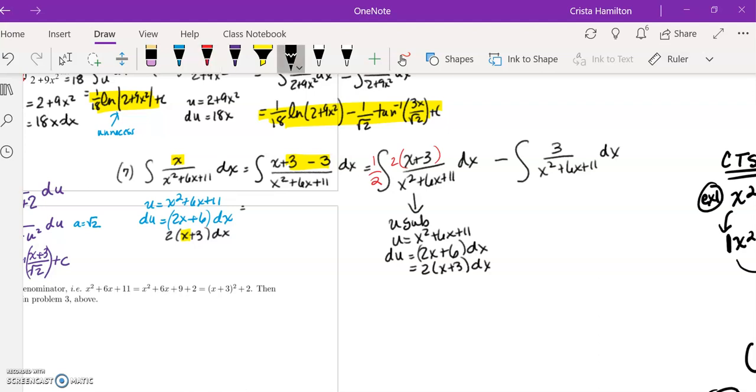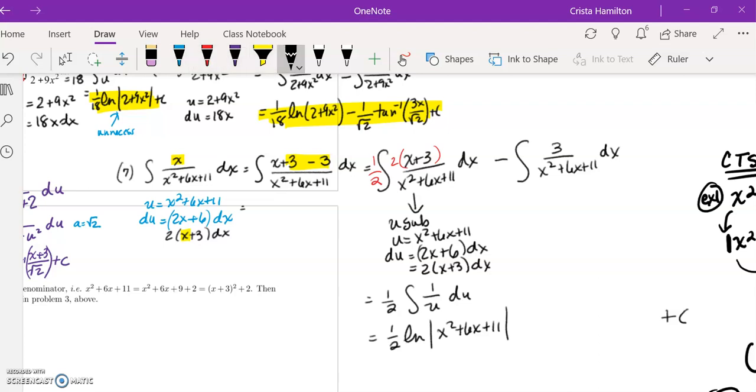So we're going to add in a corrector, 2 and 1/2, to that portion. So the first half of it becomes 1/2 antiderivative of 1 over u du, 1/2 natural log absolute value of x squared plus 6x plus 11, and then we'll do plus c way over here at the end when I fill in the other half. Now in this one over here, you're going to recognize, oh, that was that complete the square problem.